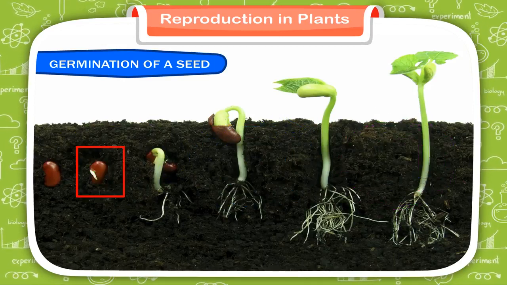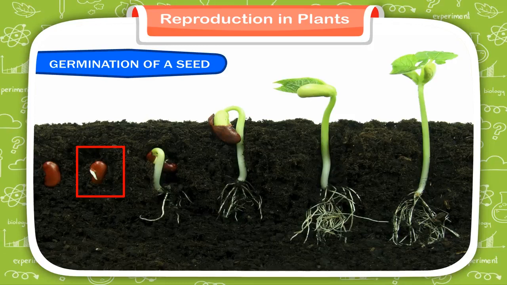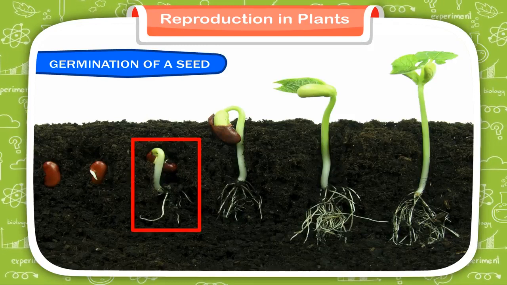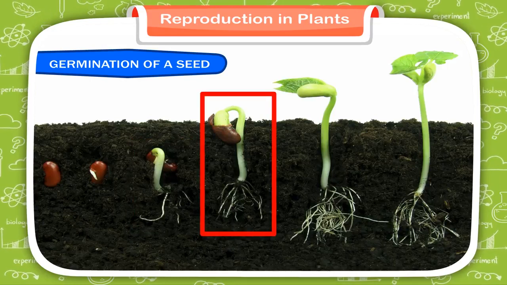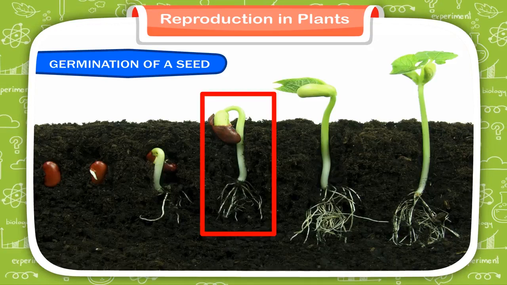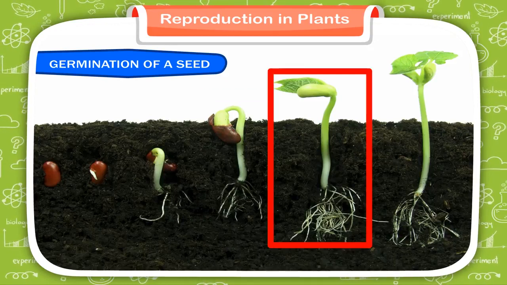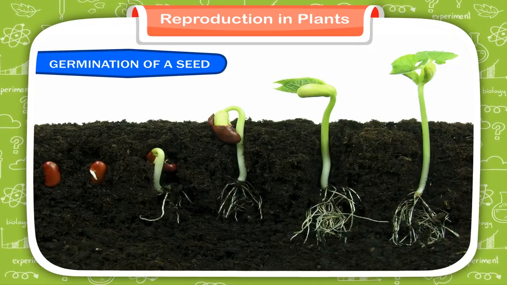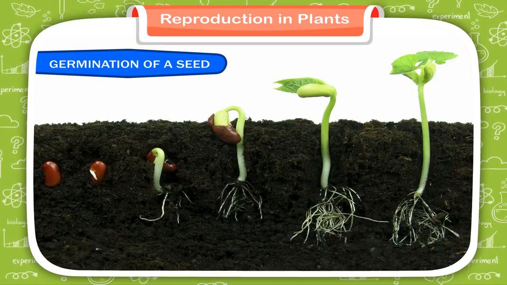The embryo's cells enlarge. Then the seed coat breaks open and a root emerges first, followed by the shoot that contains the leaves and the stem. This process of the growth of the baby plant from the seed into the young plant, called the seedling, is termed as germination.